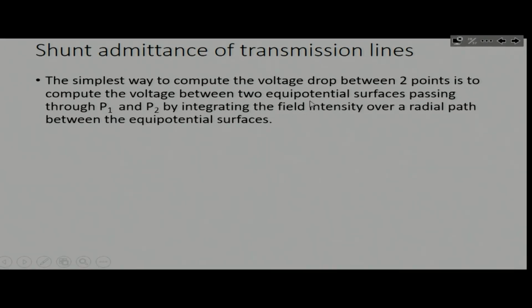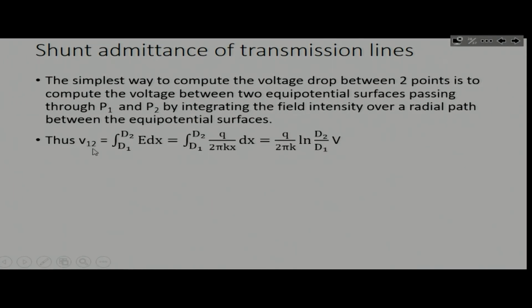The simplest way to compute the voltage drop between 2 points is to compute the voltage between two equipotential surfaces passing through P1 and P2 by integrating the field intensity over a radial path between the equipotential surfaces. So V12 is the integral from D1 to D2 of E dx, and we replace E by Q over 2 pi kx dx, and if we integrate it with respect to x, we get Q over 2 pi k ln D2 over D1 volts.